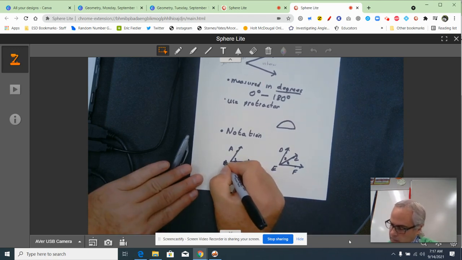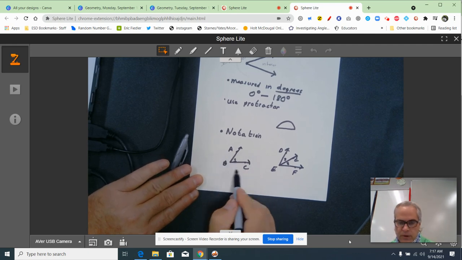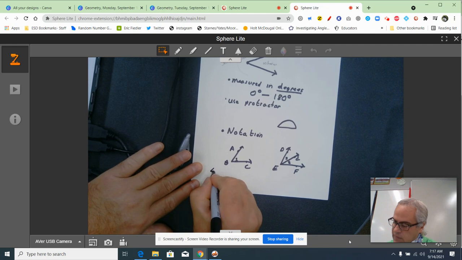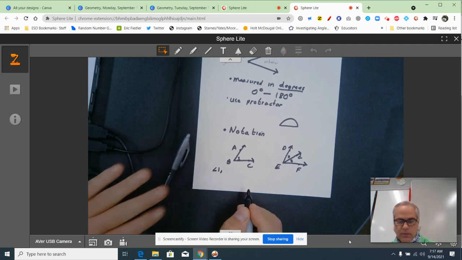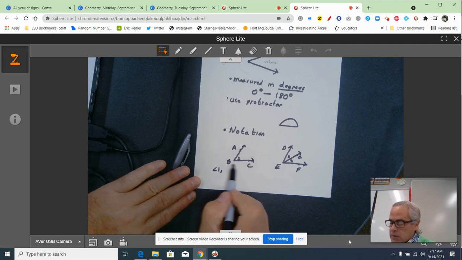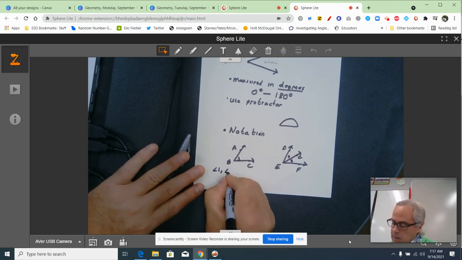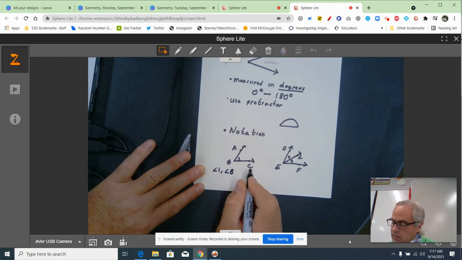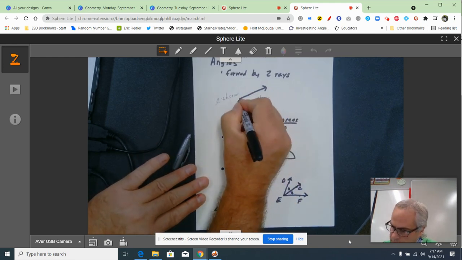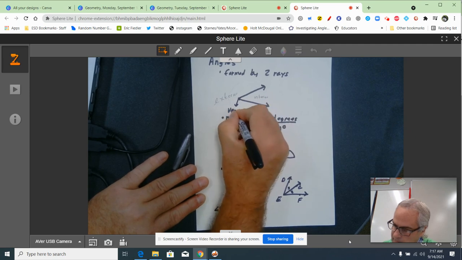Okay, so now the legal names for this picture right here, there's a number of them. You could use numeric notation if they give you a number. If they don't give you a number, then you have to use letters. For this picture right here, you could just say angle B by naming it by its vertex. And by the way, this part of an angle is called the vertex.